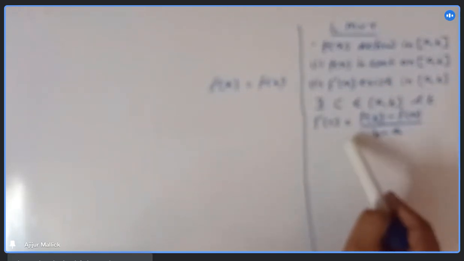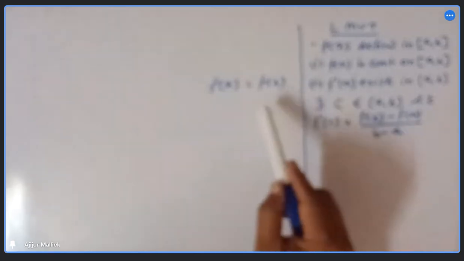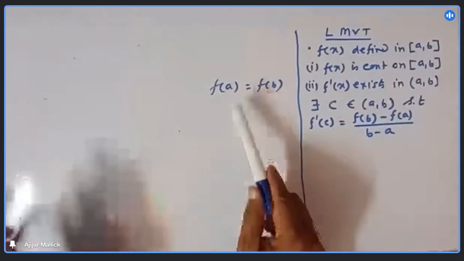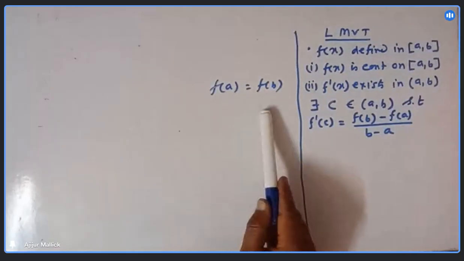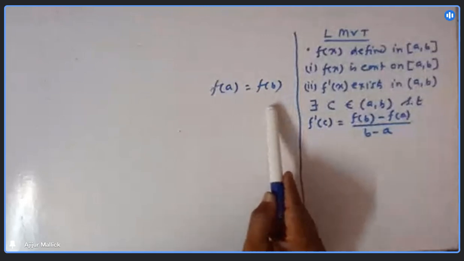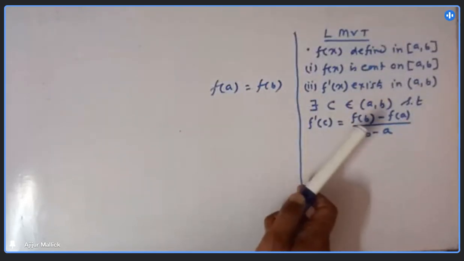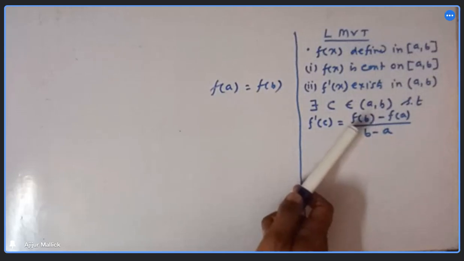So Rolle's theorem is a particular case of the Lagrange mean value theorem.